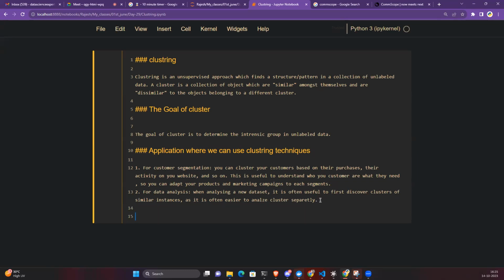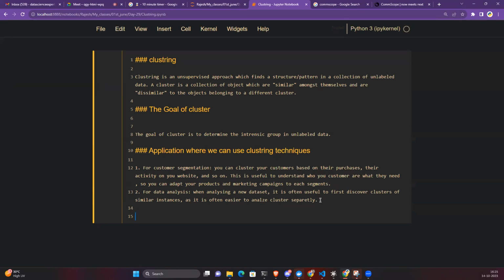So for data analysis, suppose you are trying to analyze any type of data, then it will be very hard. But if I give the data for a specific problem, let's suppose I'm going to identify whether this person will buy the product or not, and I give that particular customer related data, then it will be easy to analyze.